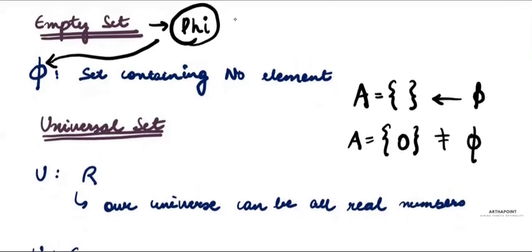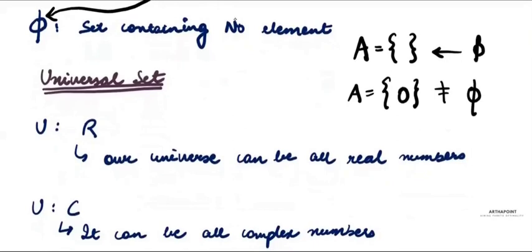The other thing that you have to understand is called a universal set. A universal set is all the elements together. So, supposedly, I tell you that A is a set of 10 natural numbers. Then the universal set will be all the natural numbers.